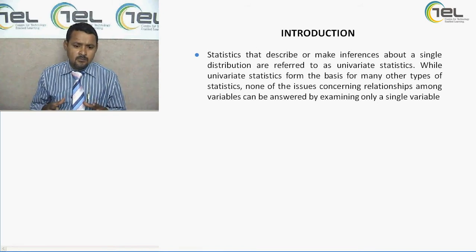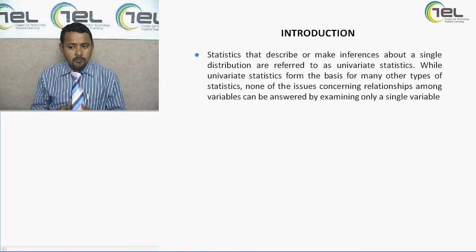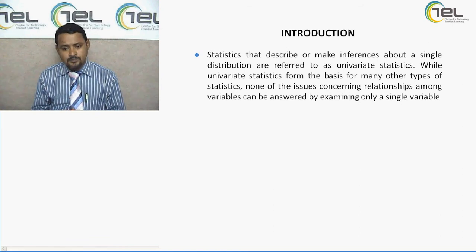Statistics is all about describing and making assumptions about the attributes and inferences about a single distribution, and that is known as univariate statistics. Univariate statistics form the basis for many other types of statistics.